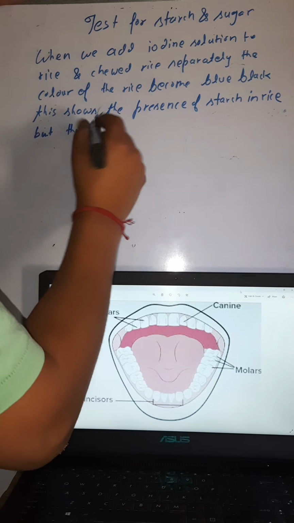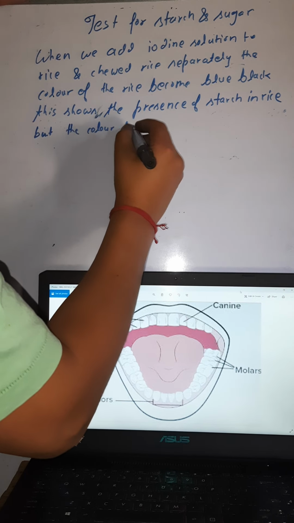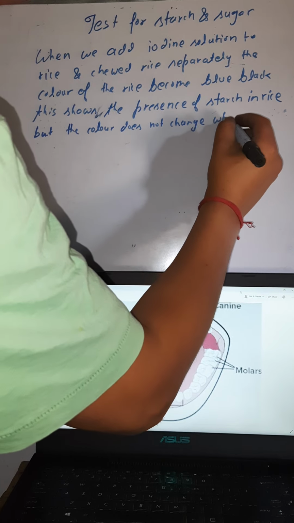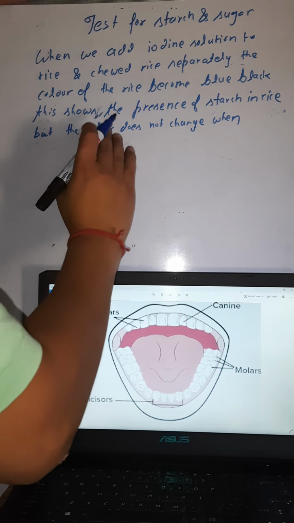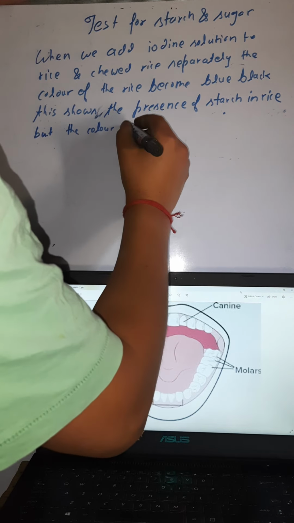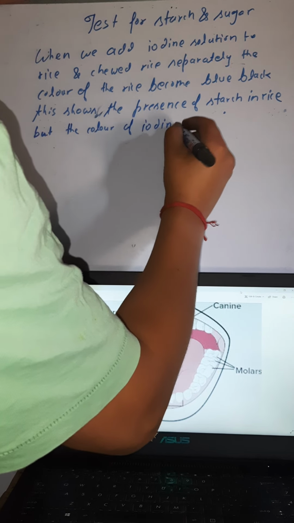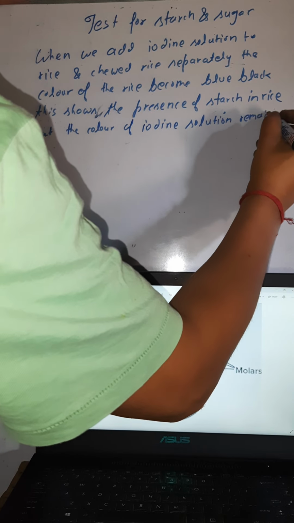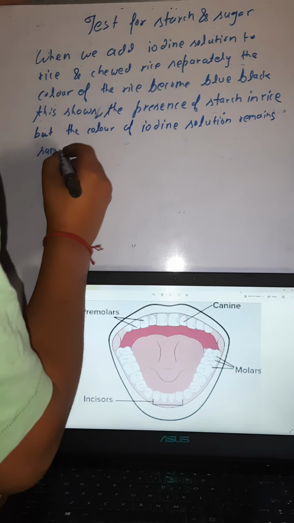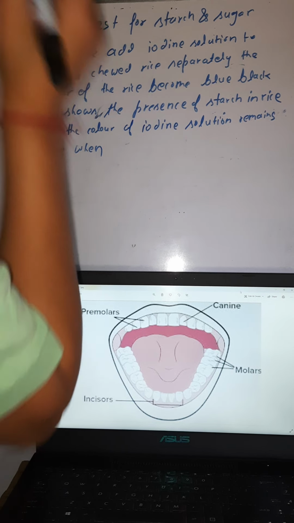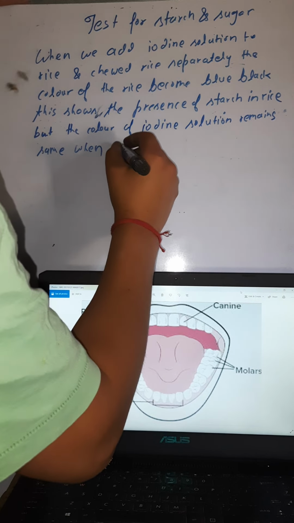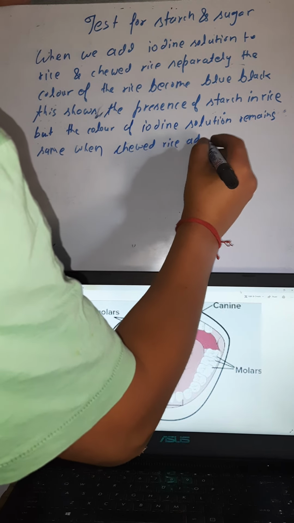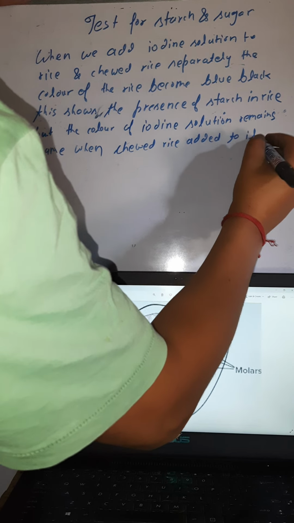the color does not change. The color of the iodine solution remains the same when chewed rice is added to it.